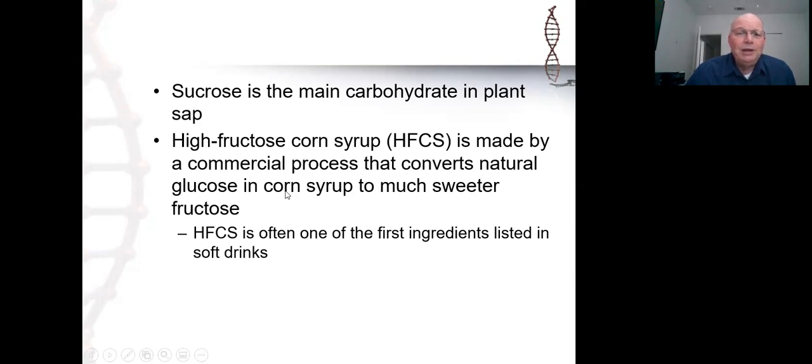People have argued that high fructose corn syrup is somehow less healthy for you than table sugar. The reality is it's not. The ratio of glucose to fructose does not really matter. What really matters is the fact that you're getting so much sugar and not much of anything else.